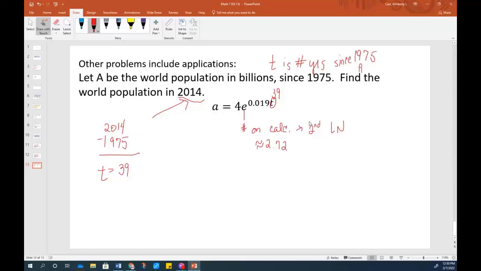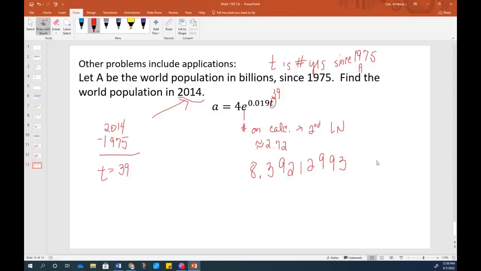So now I'm going to put 0.019 times 39, close parentheses, enter. And what I get on my calculator is 8.392129993, and then my calculator quit showing me.